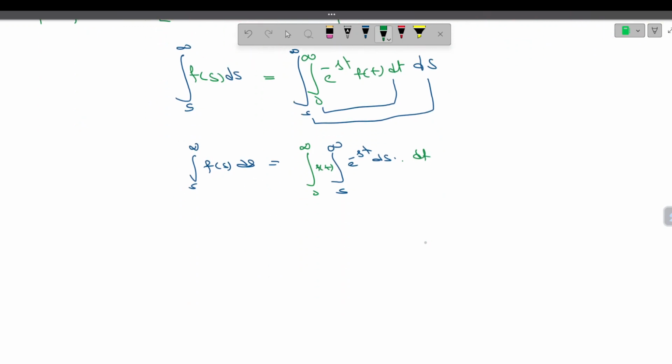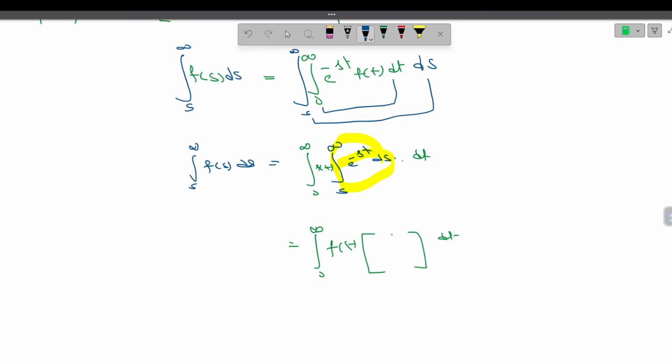Now what we are doing here, please see this part only. We are focused on this part. The green one, as it is, I am writing: 0 to infinity f of t as it is, dt also as it is.